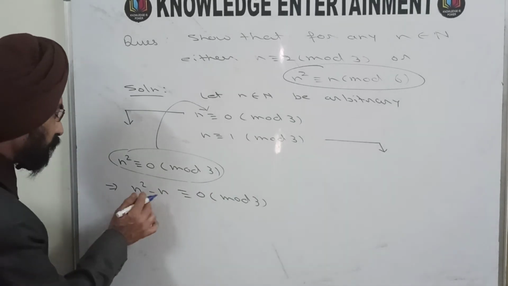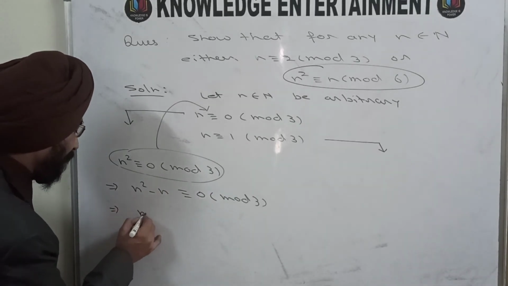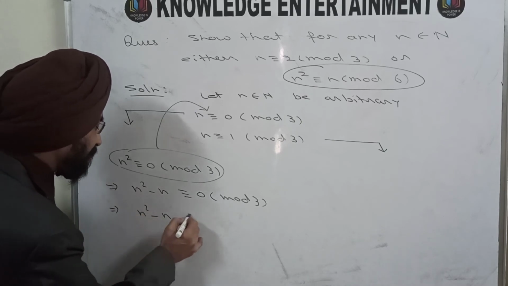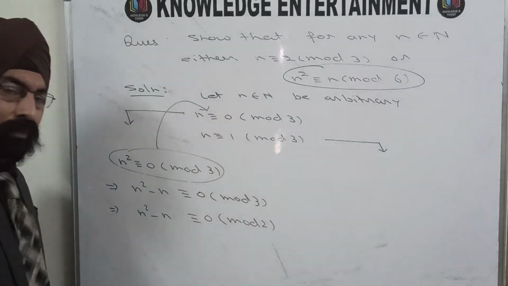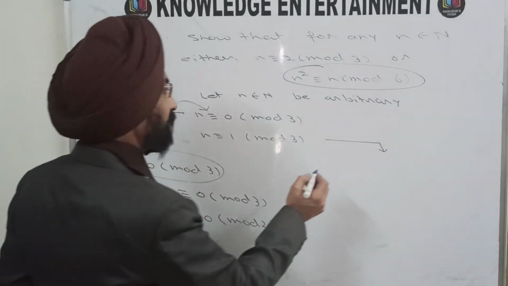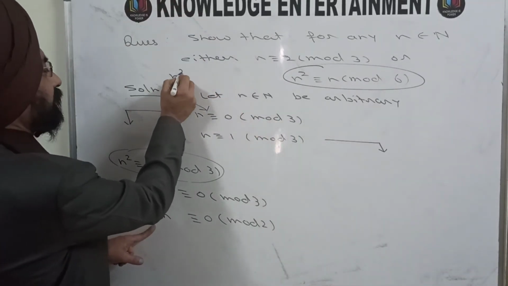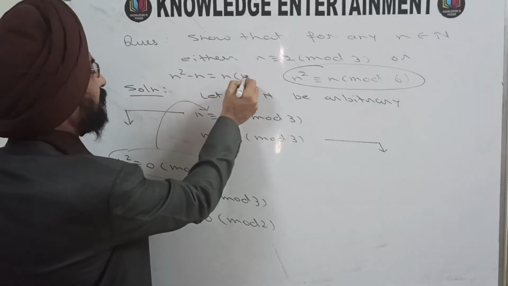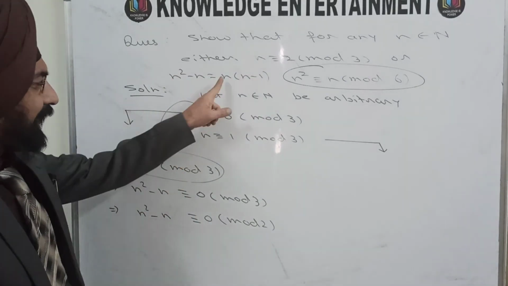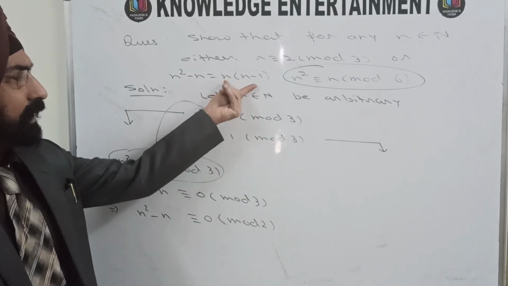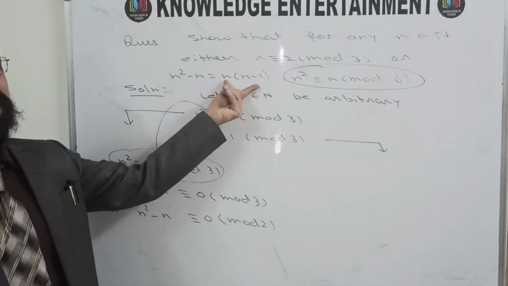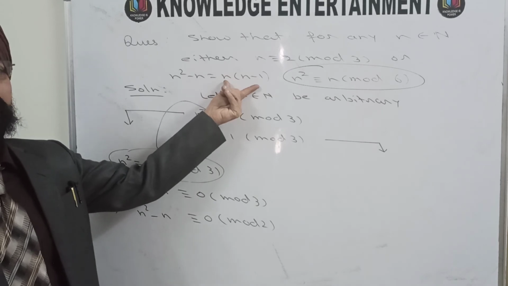Now this n square minus n is also congruent to 0 mod 2. Why? Because n square minus n means n into n minus 1, and n and n minus 1 are consecutive integers. If there are two consecutive positive integers, then definitely one of them is even.